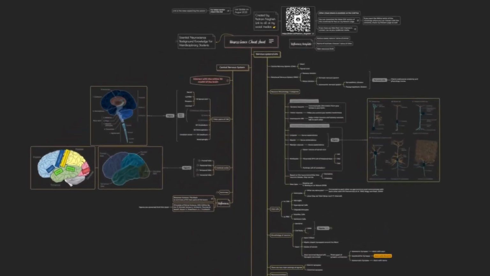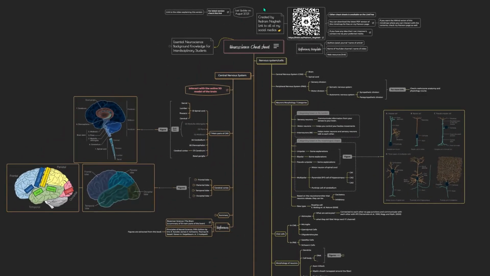So starting from top here, you can see some links to the social media that I have, and a link to this mind map where you can download it. The link to this video will be available here where I'm moving my cursor, and the latest version is here. You can see what's going on here.